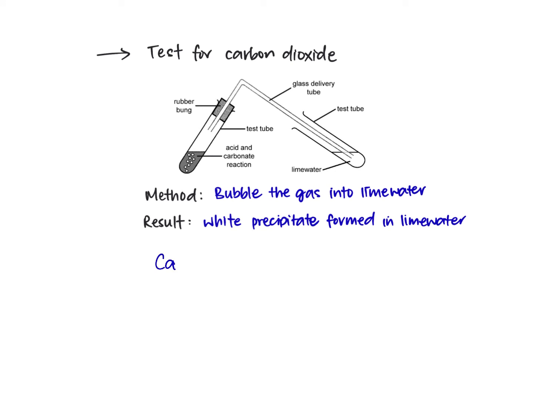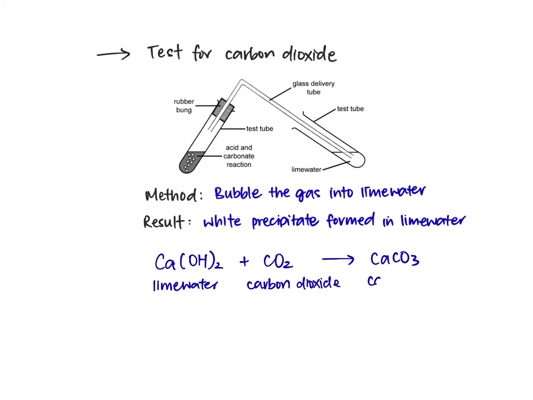Now specifically for the O-level students, calcium hydroxide has this formula, which is also commonly known as lime water. When carbon dioxide is bubbled into lime water, calcium carbonate, which is an insoluble salt, will be formed as this white precipitate.